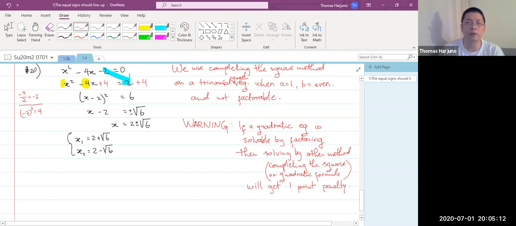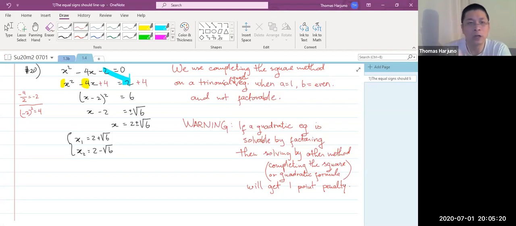Why? Because factoring is faster. You always need to check if it is factorable. And we know that it is factorable if the discriminant is a square number. Keep that in mind.